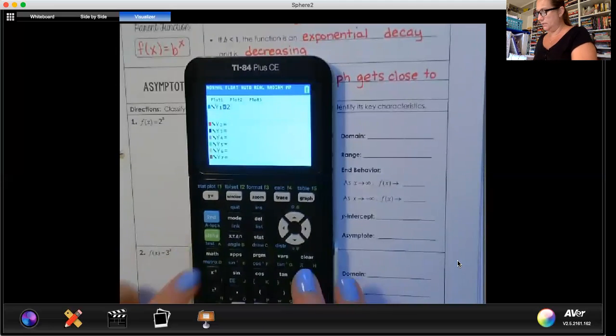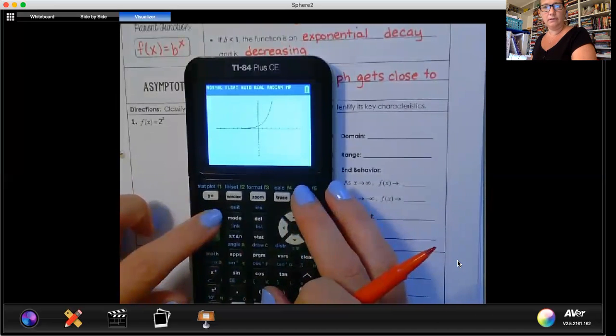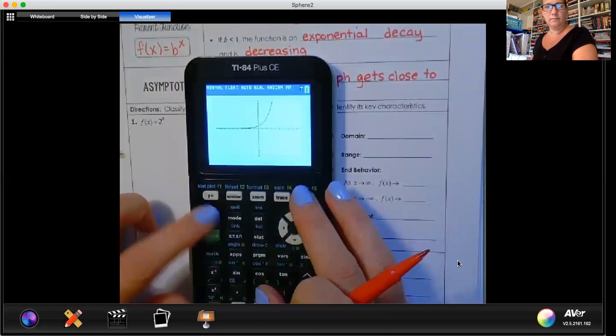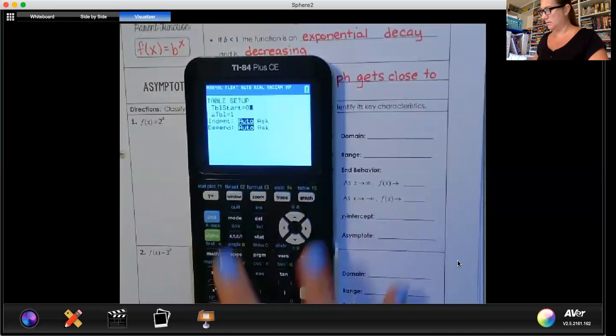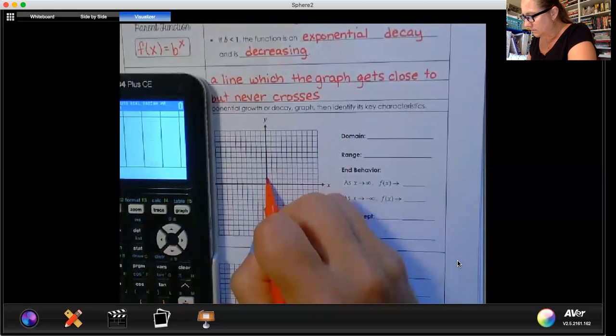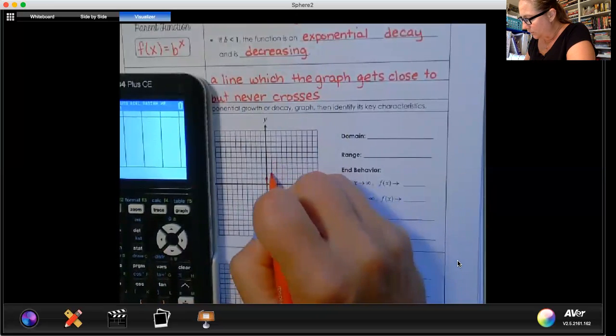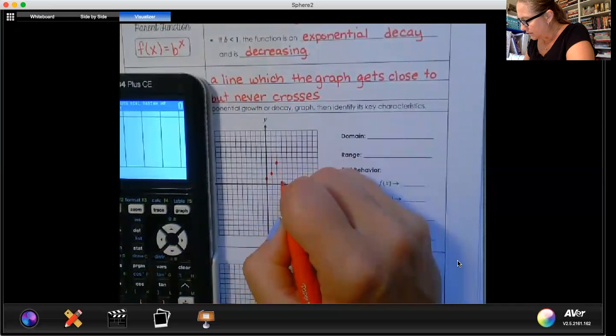So y equals 2 to the x power. And you might want to use your table because we want to get these graphs as accurate as we can. Notice your asymptotes don't show up there. All right, 0, 1; 1, 2; 2, 4; 3, 8.